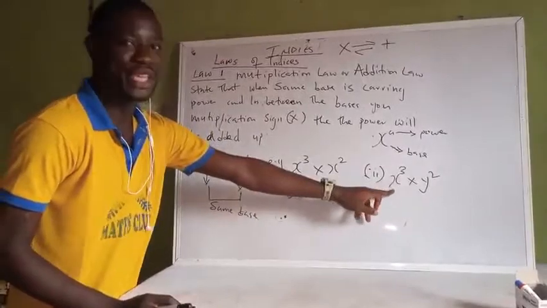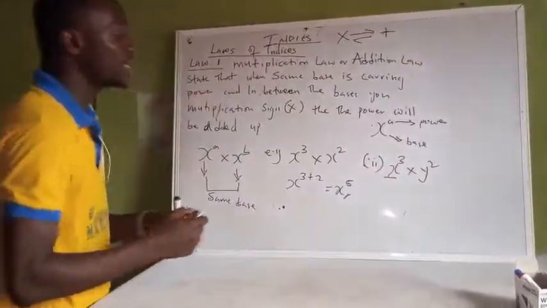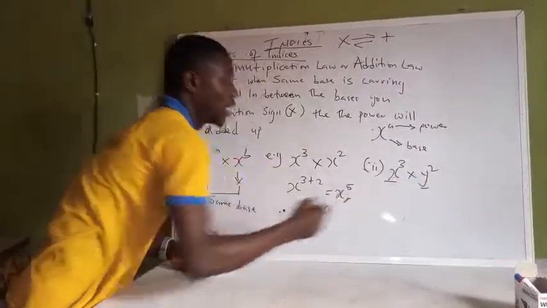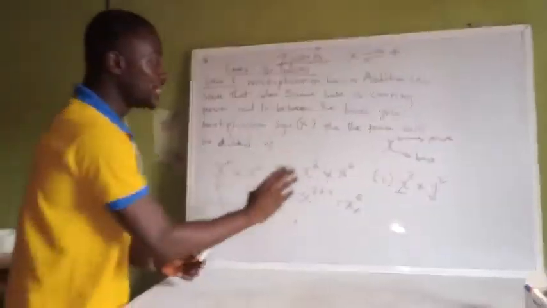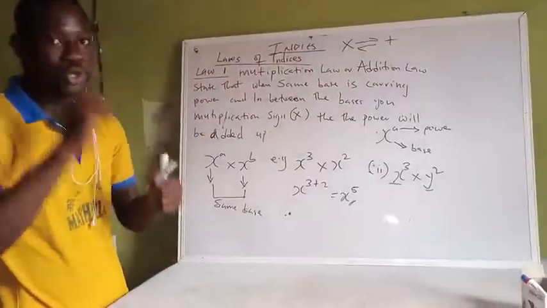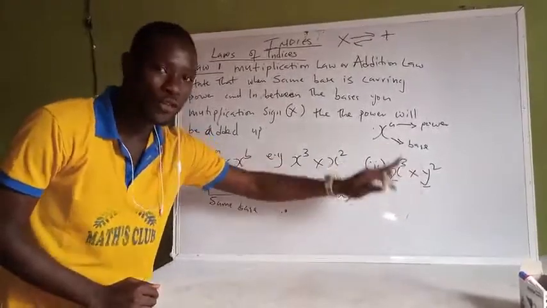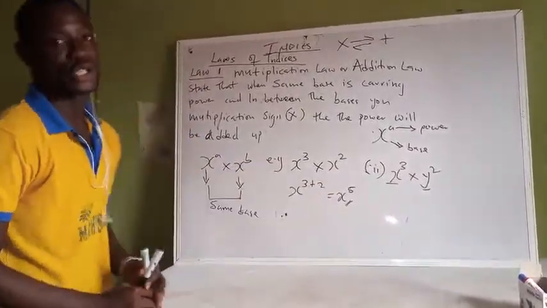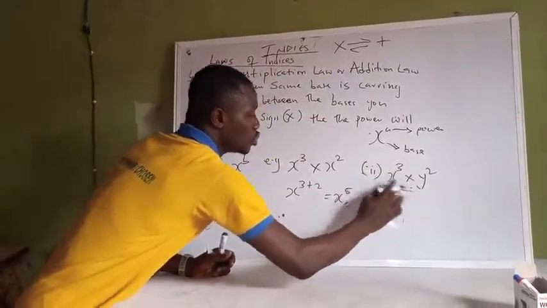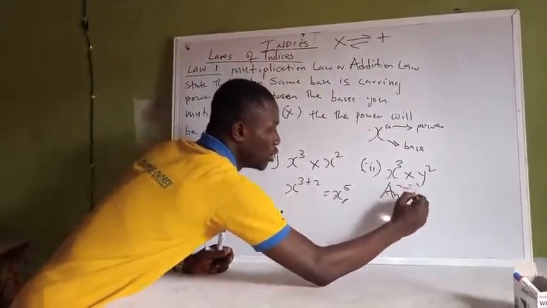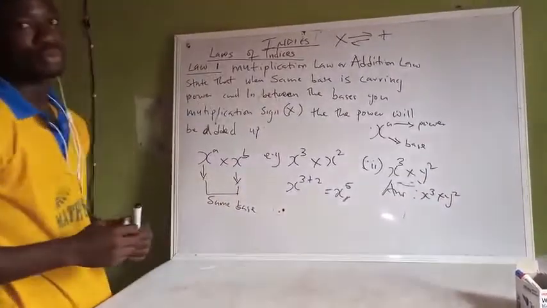This is base x, and this is base y. Do you see the two bases are never the same? With this, we come to the conclusion that we can't use law 1 of indices to solve this question. So the answer is x raised to power 3 times y raised to power 2.